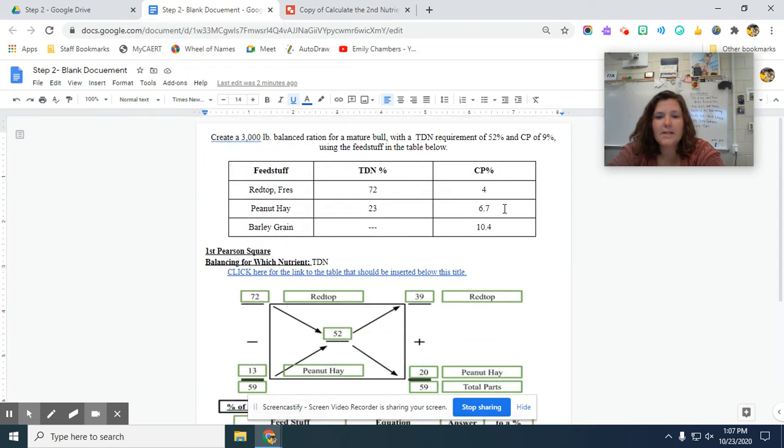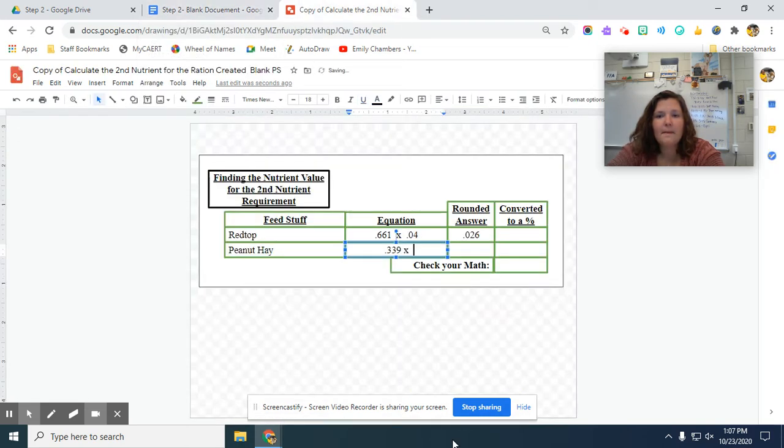So the crude protein is 6.7, but we're going to need it in decimal form, so we're going to do 0.067, and that's going to give you 0.023, because it is a 7 at the end, so that makes it a 2, a 3.